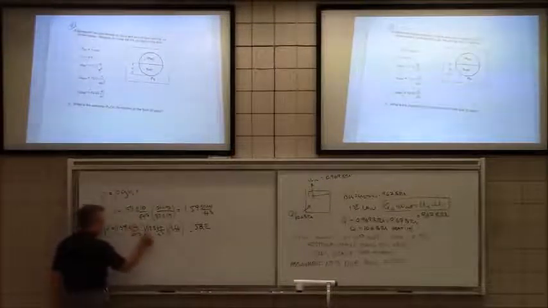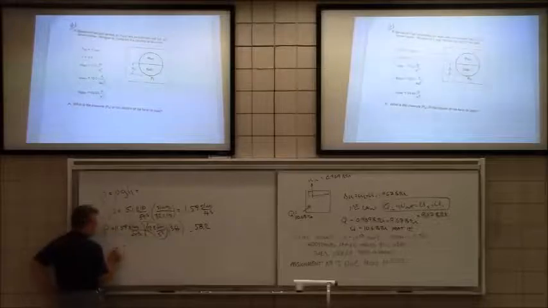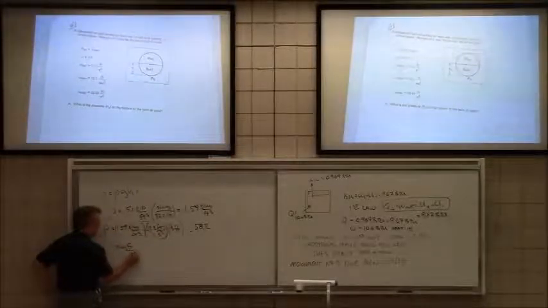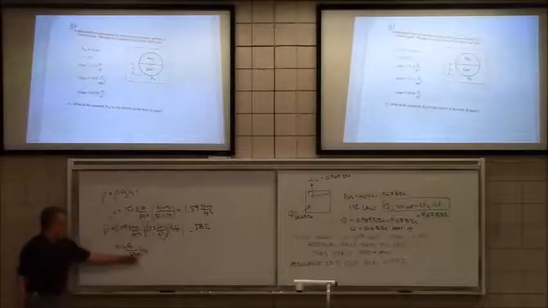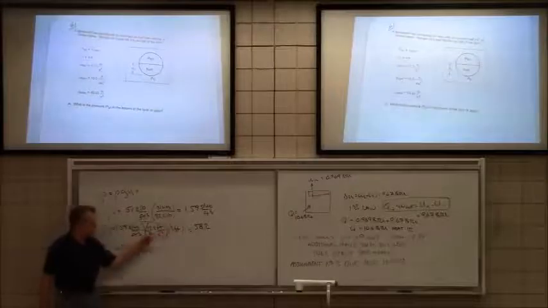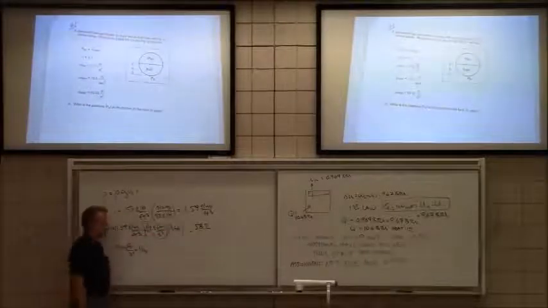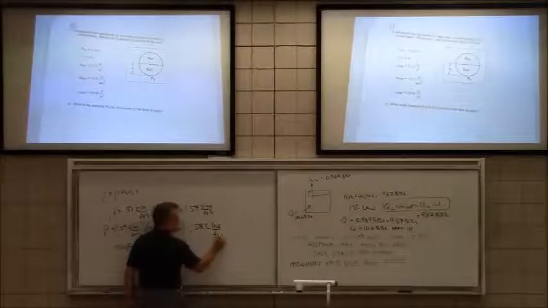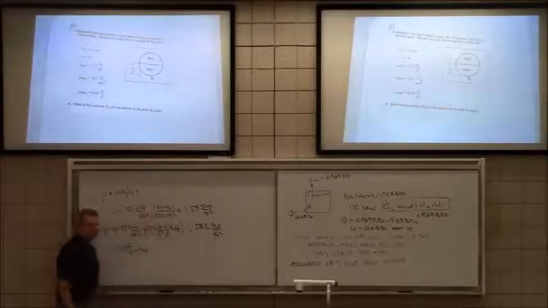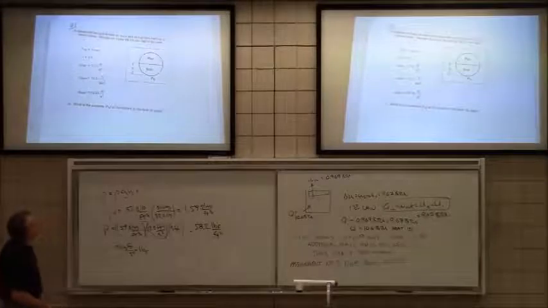We've got a slug foot per second squared. One slug accelerated at 1 foot per second squared is a pound force. We've got pounds force times feet divided by feet cubed. This is pounds force per foot squared. Okay.